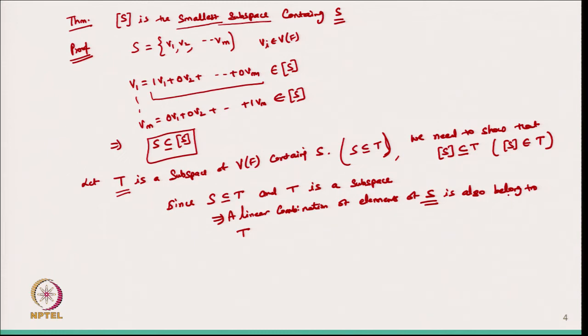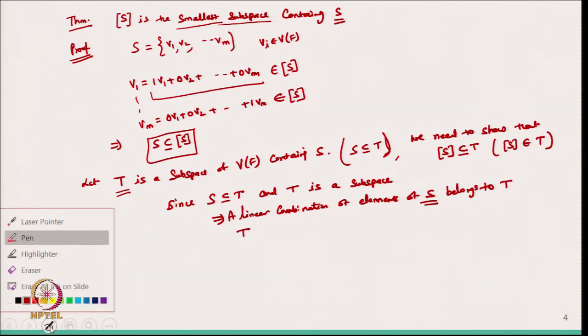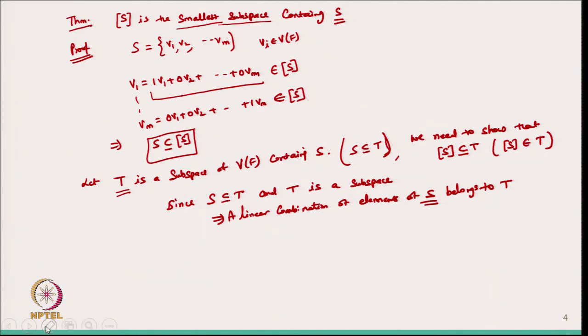So, from here I can say that a linear combination of the elements of S also belongs to capital T. Why? Because T is a subspace, we know that if I take any elements of T, then their linear combination definitely will be in T. Because what is the linear combination?